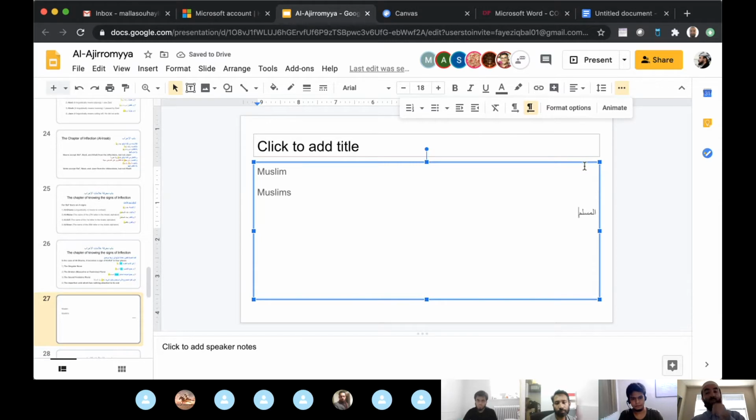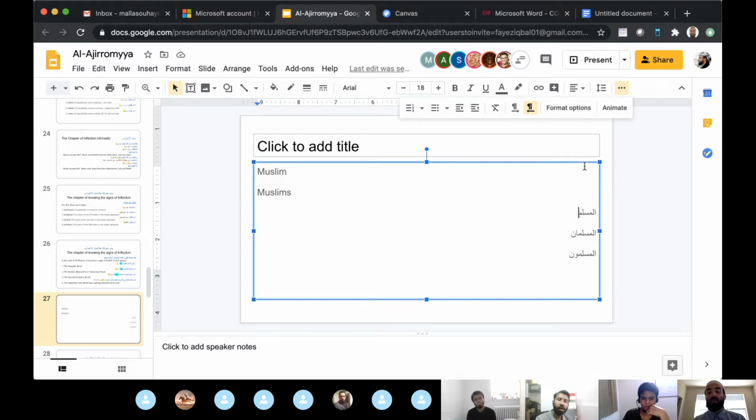Okay, al-Muslim means the Muslim man. So this is the singular, and then you have al-Muslimani. This is the dual, and then you have al-Muslimuna. This is the plural, right? So this is one Muslim man, two Muslim men, and three or more, a group of Muslim men. It doesn't necessarily have to be three.